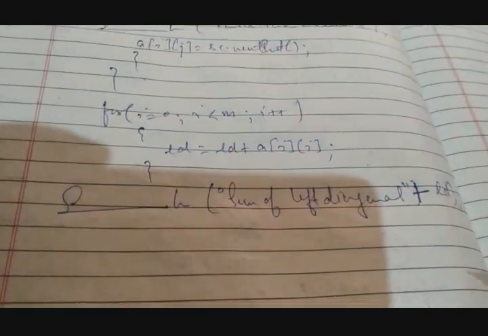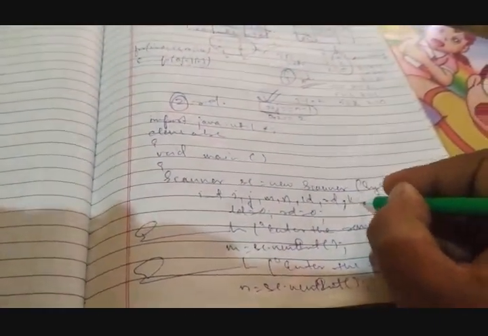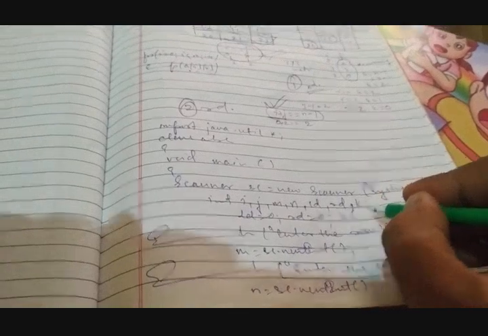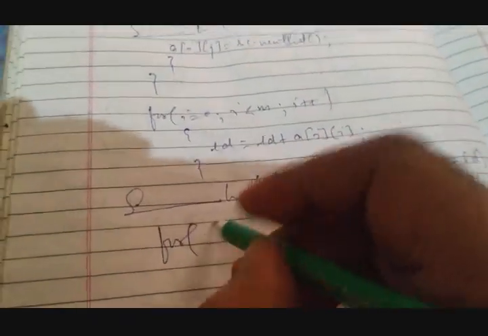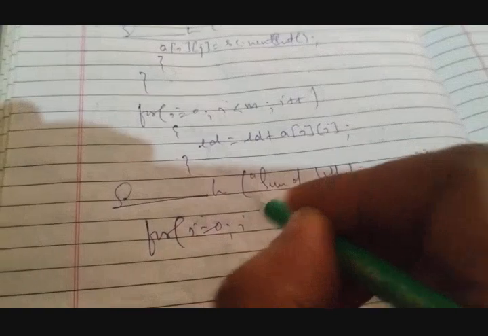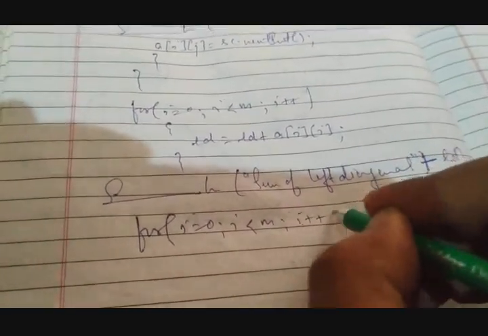Now, as I said, you need to have a counter. Let's have a counter here, counter k, and k equals n minus 1. Are you getting it? So run a loop again. For i equals 0, i less than m, i plus plus.